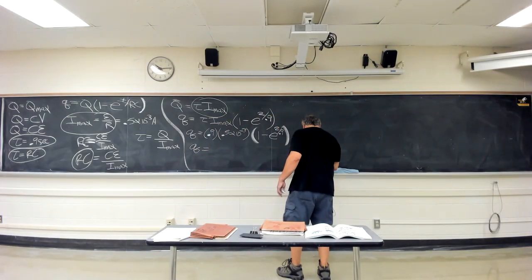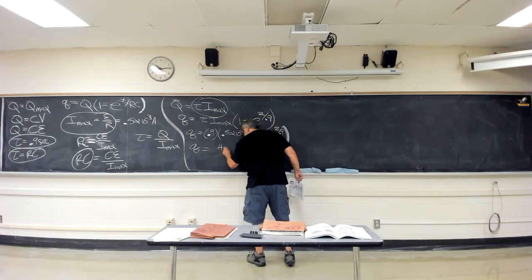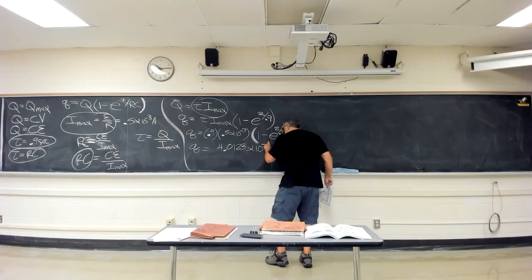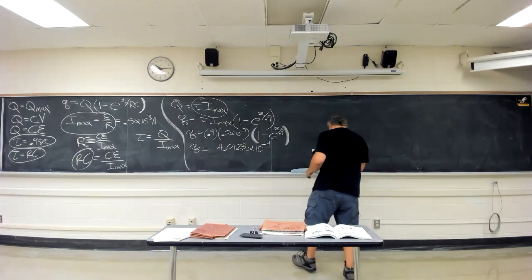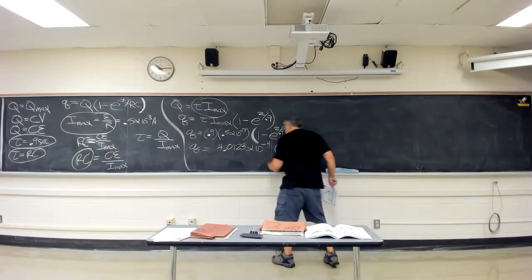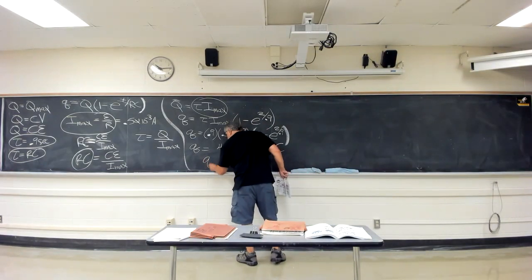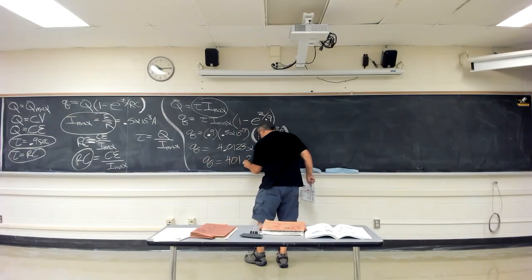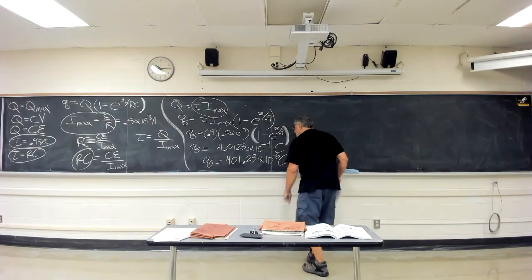And we got 4.0123 times 10 to the negative 4 coulombs. Make this 100 times smaller, make that 100 times bigger, and you got 401.23 times 10 to the negative 6 coulombs.